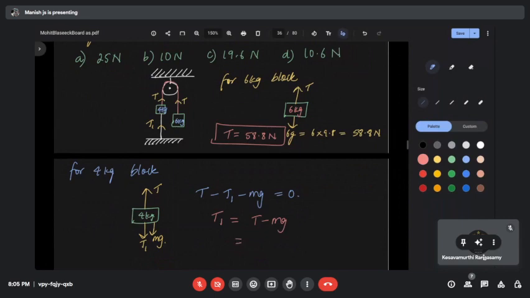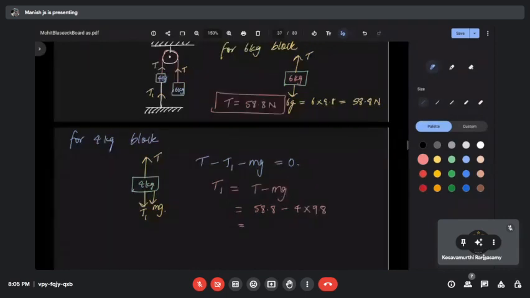Substitute the values. T is 58.8 minus m into g, which is 4 into 9.8. Simplify. How much is that?